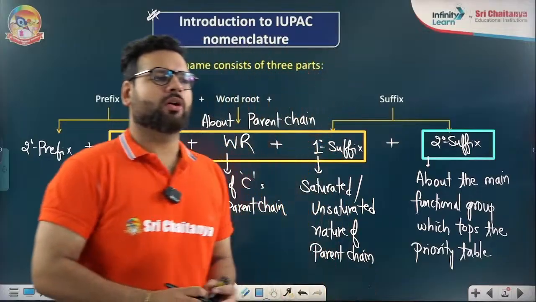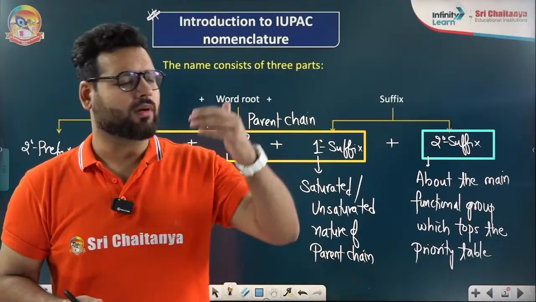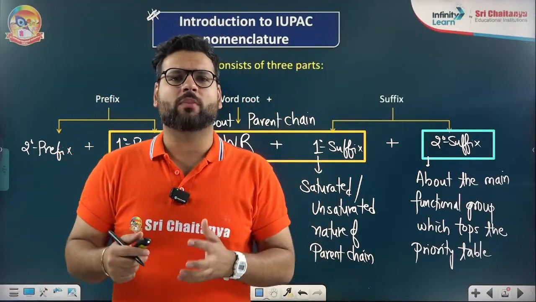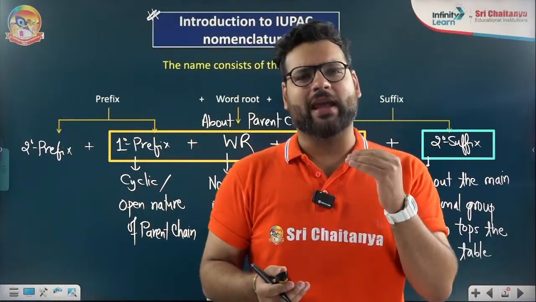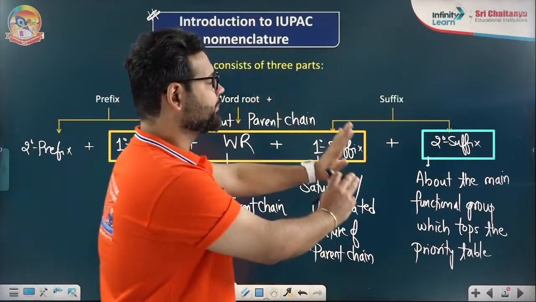Okay, so secondary suffix, I'll give you a priority table where you will see up to rank 13 ranks will be there. So whenever in your molecule there are 2-3 different functional groups, you will look at their ranks. Whoever will be ranked on the top will get a surname.